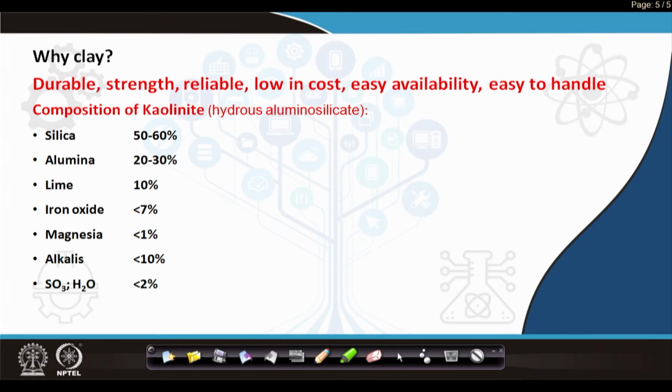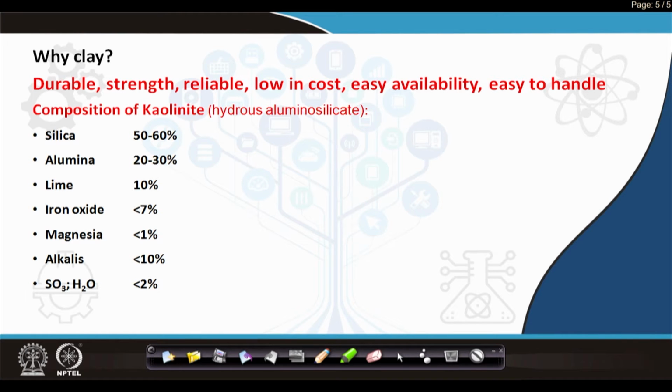So, when we talk of clay, it is actually kaolinite, which is hydrous aluminosilicate, where you can see alumina and silica both are present. Silica is sand, which is the maximum portion, 50 to 60%, and alumina 20 to 30%. Lime here is around 10%.